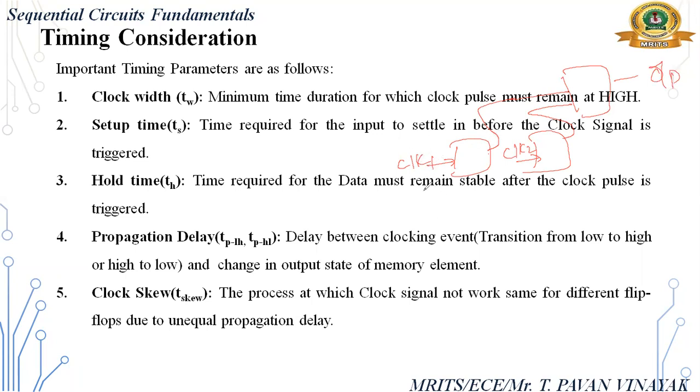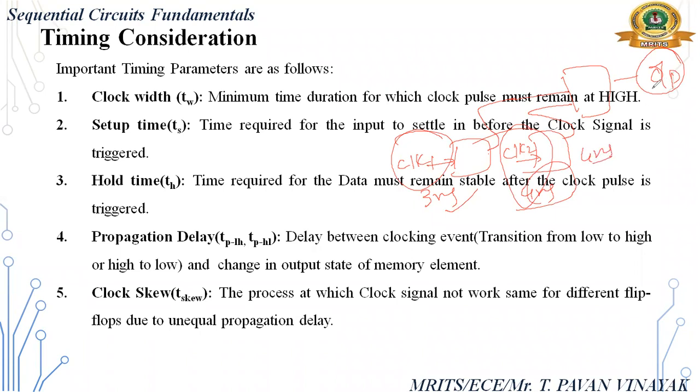Suppose this clock responds in 3 nanoseconds and this clock responds in 4 nanoseconds. So there is a difference between these clock signals, right? Then the correct response, the stable output, we get only after 4 nanoseconds.